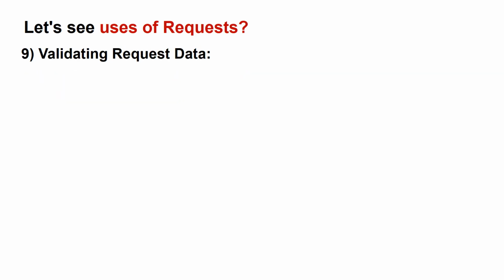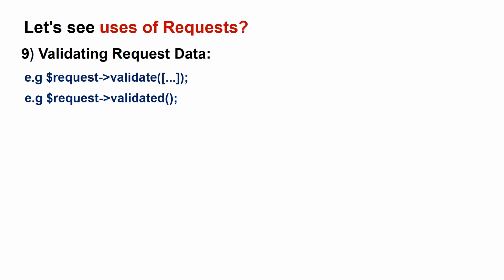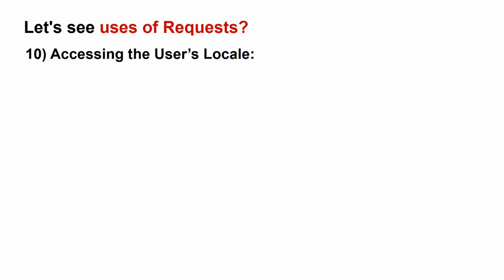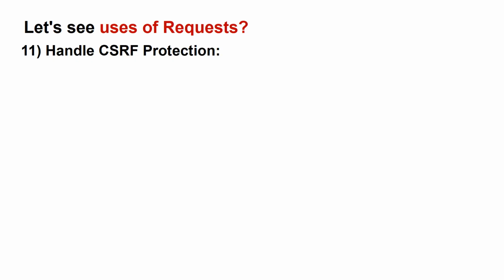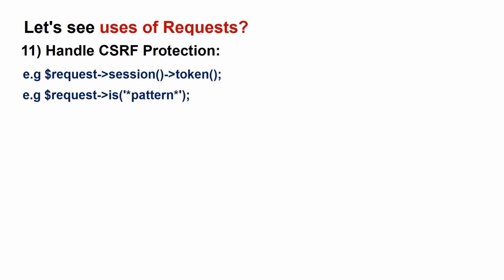9. Validating request data, such as validating incoming request data based on specified rules or getting the validated data after validation. 10. Accessing the user's locale, such as get the current locale of the request. 11. Handle CSRF protection, such as retrieving the CSRF token for form submissions and checking if the request URI matches a pattern. 12.